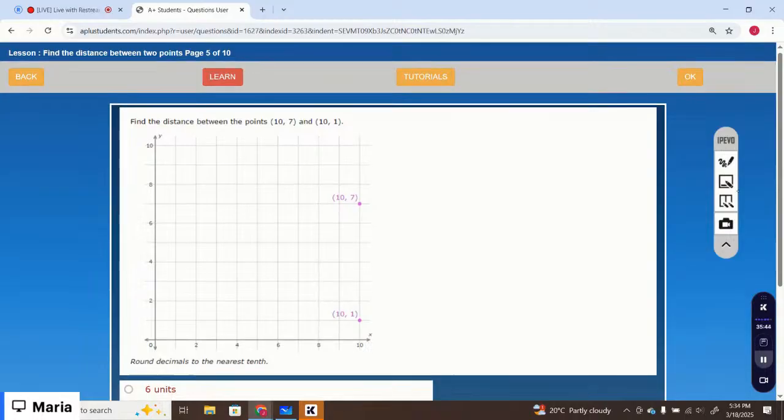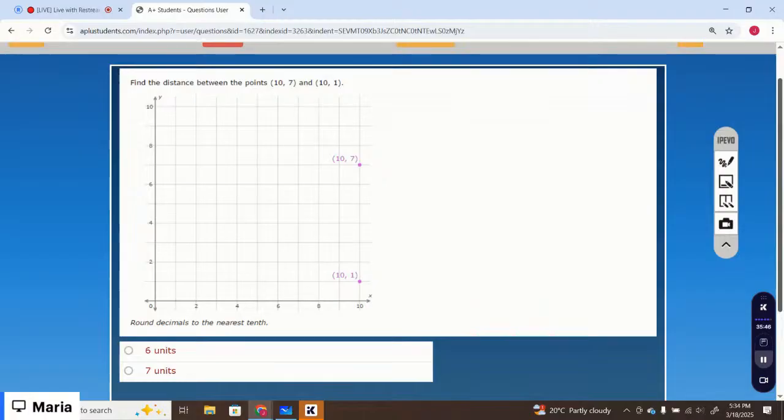Find the distance between the points 10, 7 and 10, 1. That is 6 units.